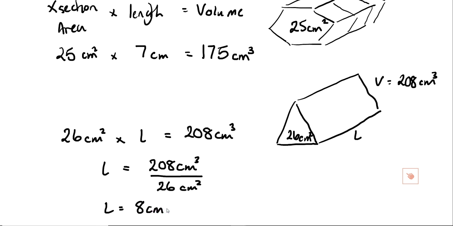Centimetres. Because do you notice how if I've got something cubed divided by something squared, remember if we did x cubed divided by x squared, we get x. So in the same way, centimetres cubed divided by centimetres squared leaves me with centimetres. It follows that rule. Okay?